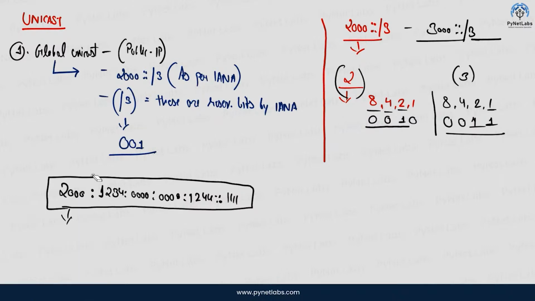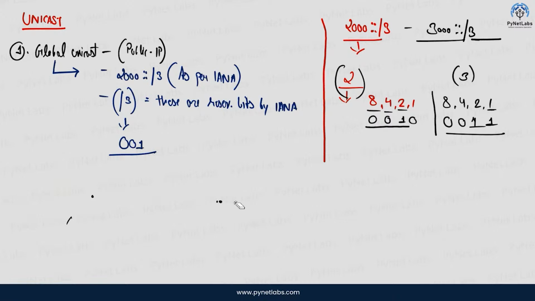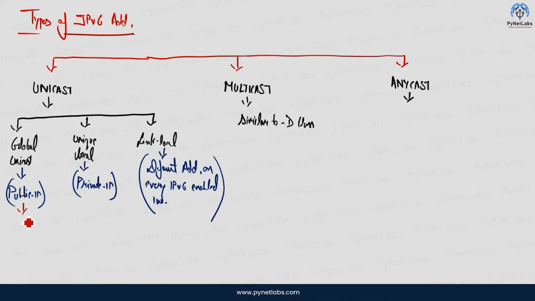So any IP which starts from the range of 2000::/3 to 3000::/3 will be considered as a public IP.